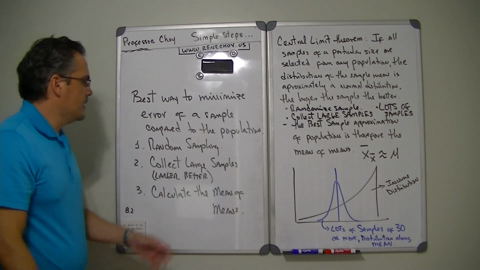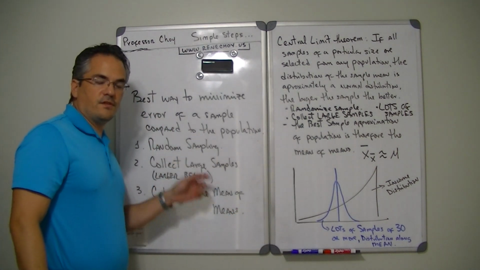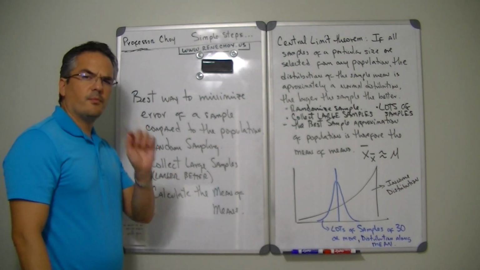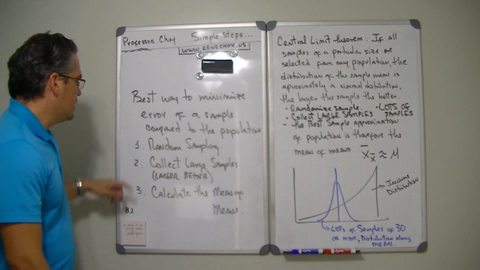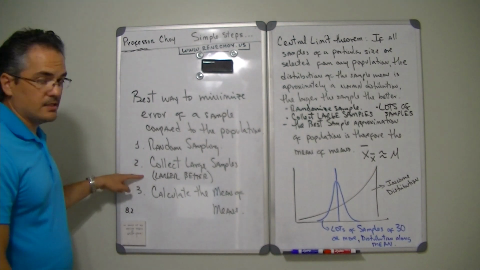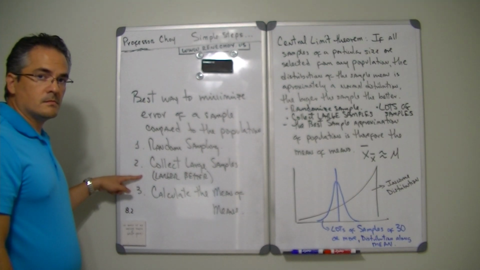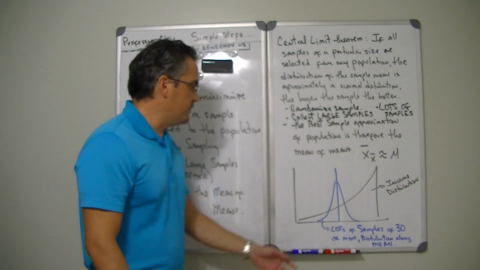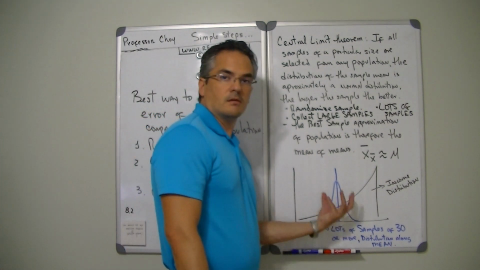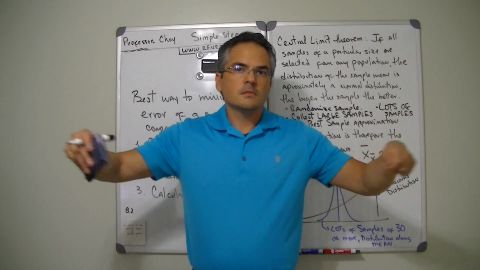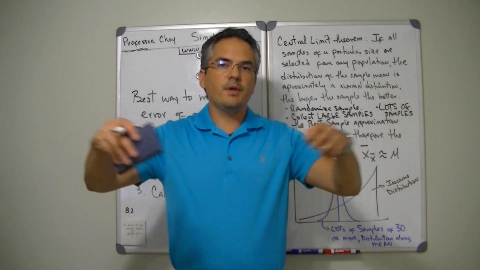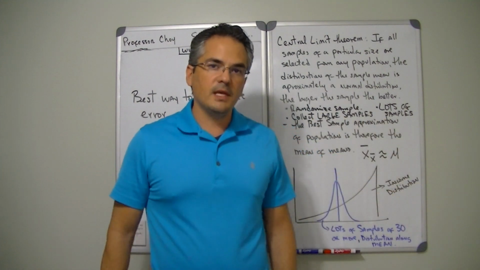In other words, the mean of all your different samples is your best estimate of your population as long as you did randomized samples and collected very large samples. Not only that, if you collect all of them, you start getting normality, which is very useful because then you can talk about, as I mentioned on a previous one, the empirical rule and things like that, so you can do probabilities.